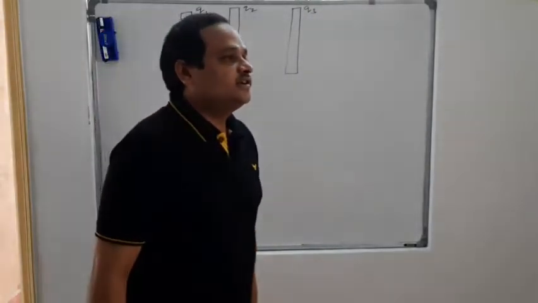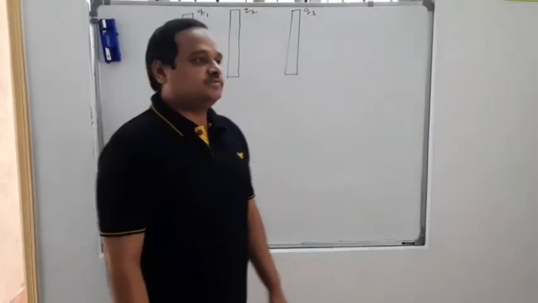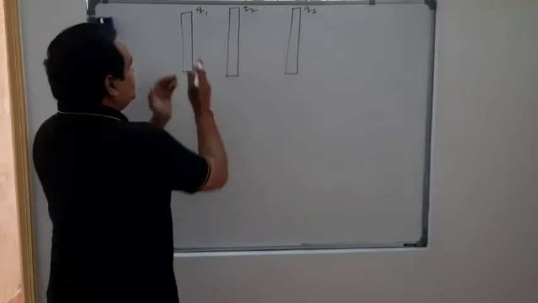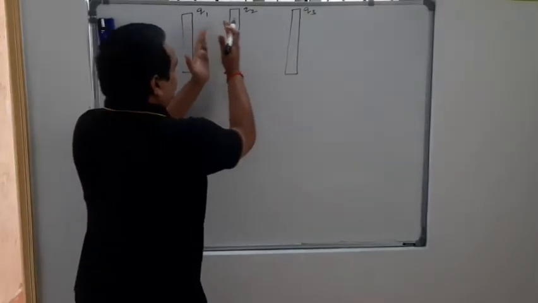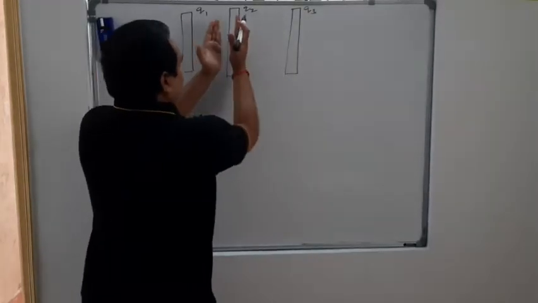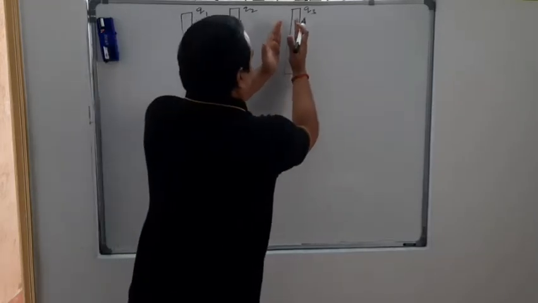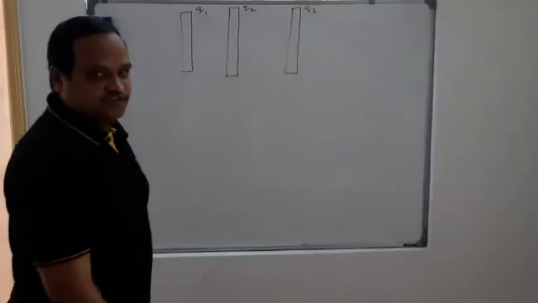Now I am going to explain. This charge Q1 has its field, this charge Q2 has its field, and this Q3 charge has its own field.